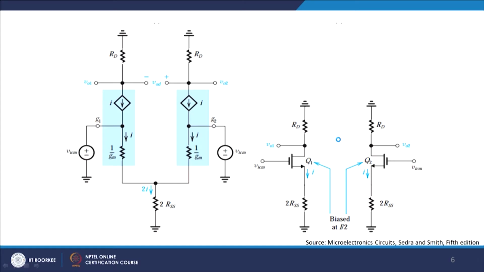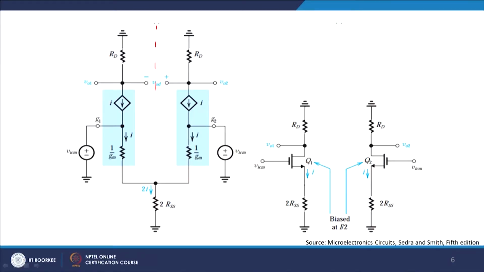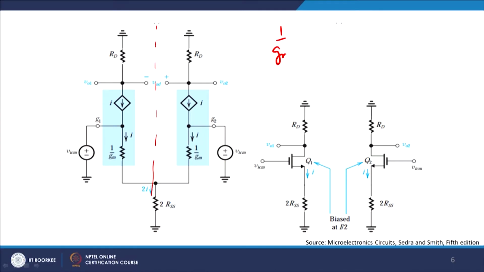Now, as I discussed with you just now, and I was deriving also with you, do a half circuit here. Remember, I can remove the MOS device here and show it as a current source in series with 1 by GM. Remember, because looking at the source side, the amount of resistance offered is actually equal to 1 by GM.